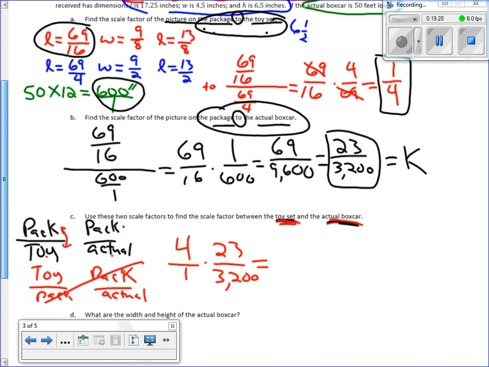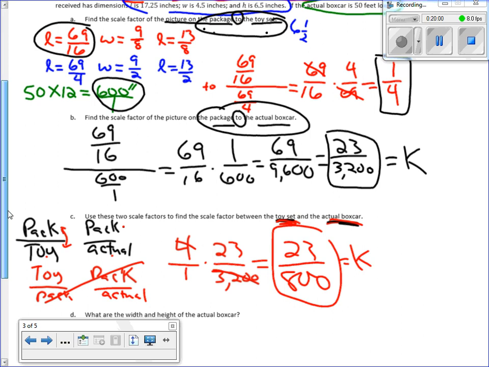So when I do that, I get 23. This will cancel with this, and I get 23 over 800. And that is our K from the toy set to the actual boxcar.